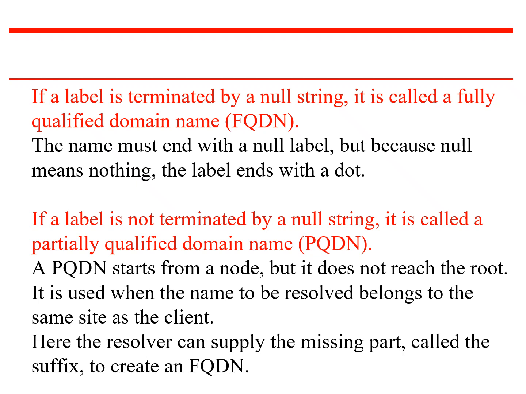The name must end with the null label, but because null means nothing, the name ends with a dot. If it does not end with a null string or the root, you call it a partially qualified domain name. A PQDN starts from a node, but it does not reach the root. It is used when the name to be resolved belongs to the same site as the client. Here the resolver can supply the missing part, called the suffix, to create an FQDN.